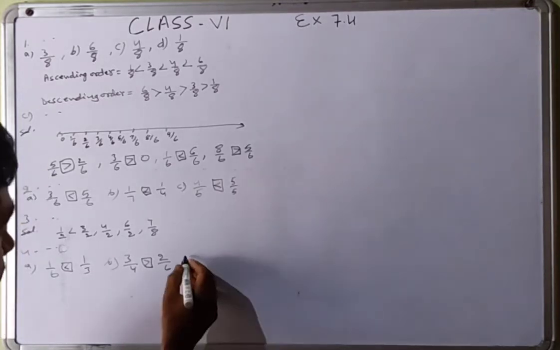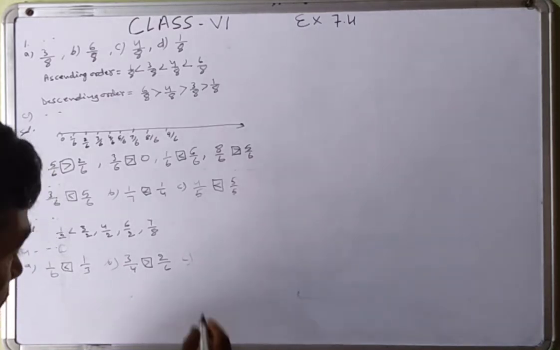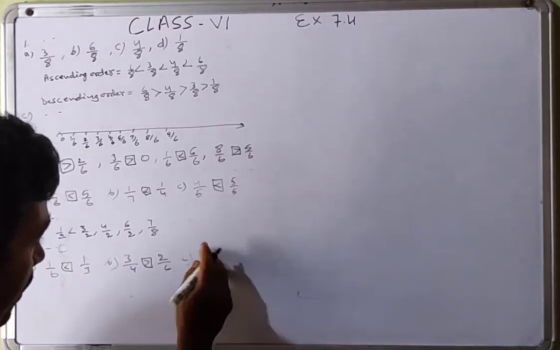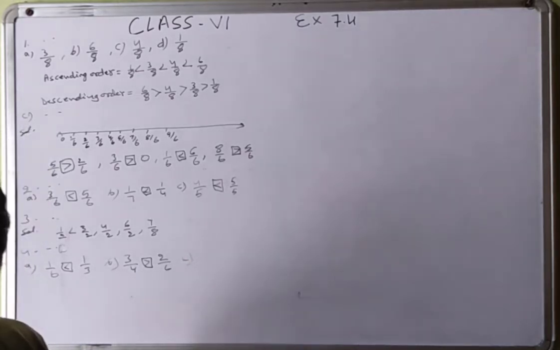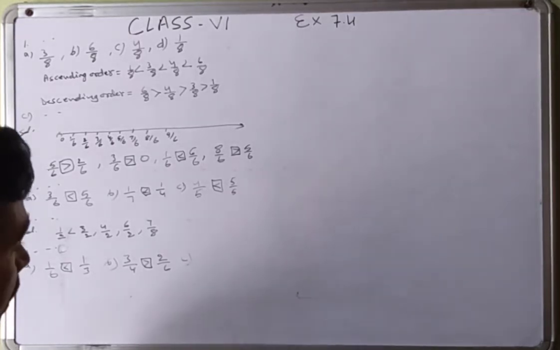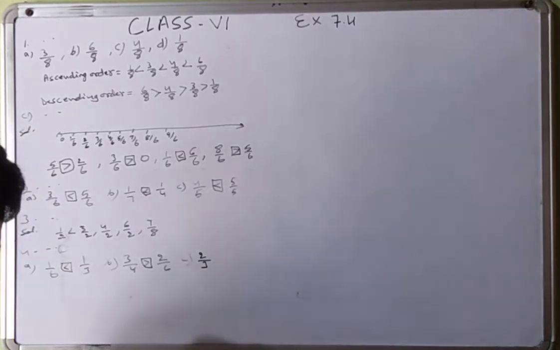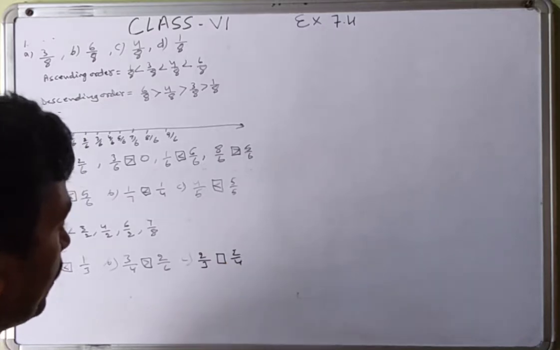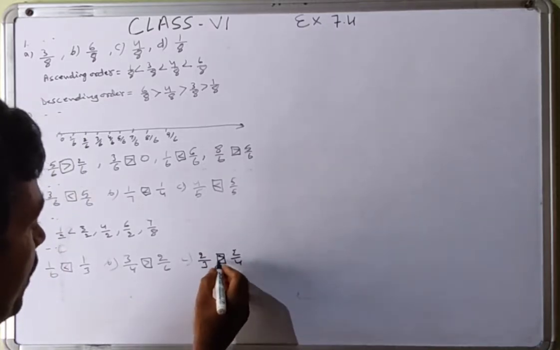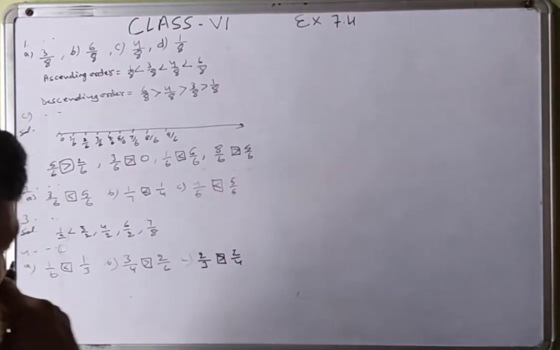C part: 2/3 box 2/4. So 2/3 is greater because 2/3 is on the right side of 2/4.